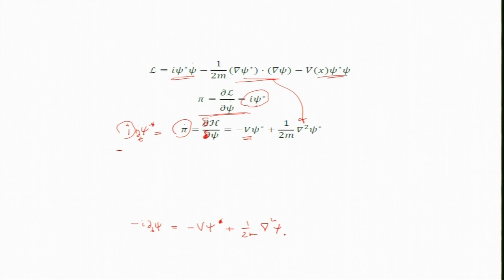Now, there is a minus sign off. So, just put minus 1 and multiply both sides, h bar, h bar is 1 for me. I am not carrying h bar around, that is minus 2m grad square psi plus v psi. So, this is the Schrodinger equation. So, we can derive this from Hamiltonian as well as from Lagrangian.